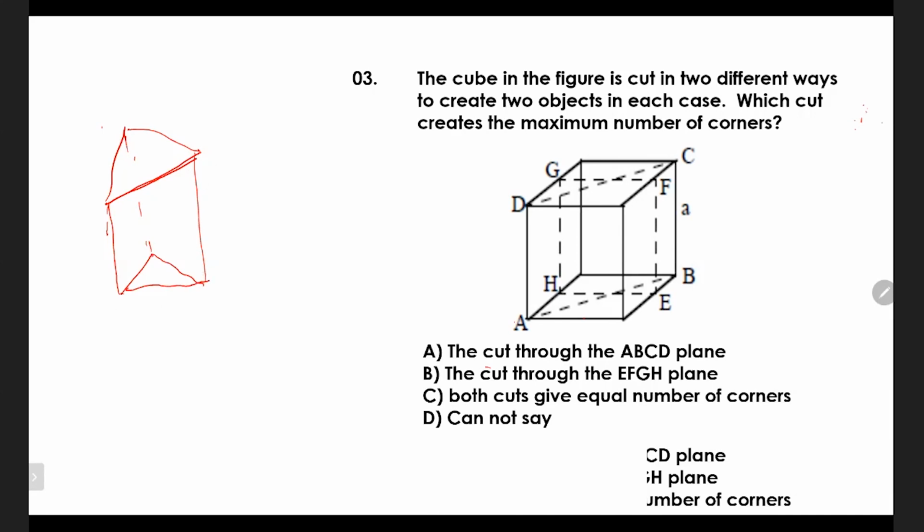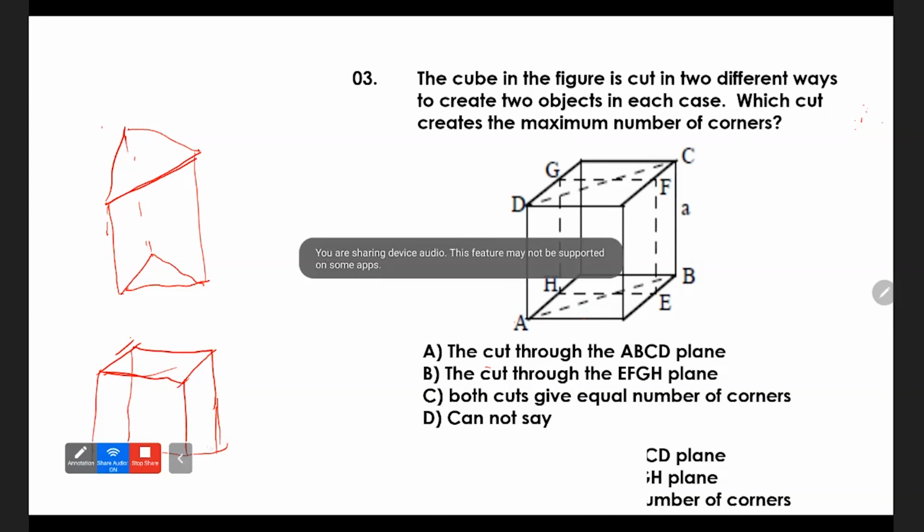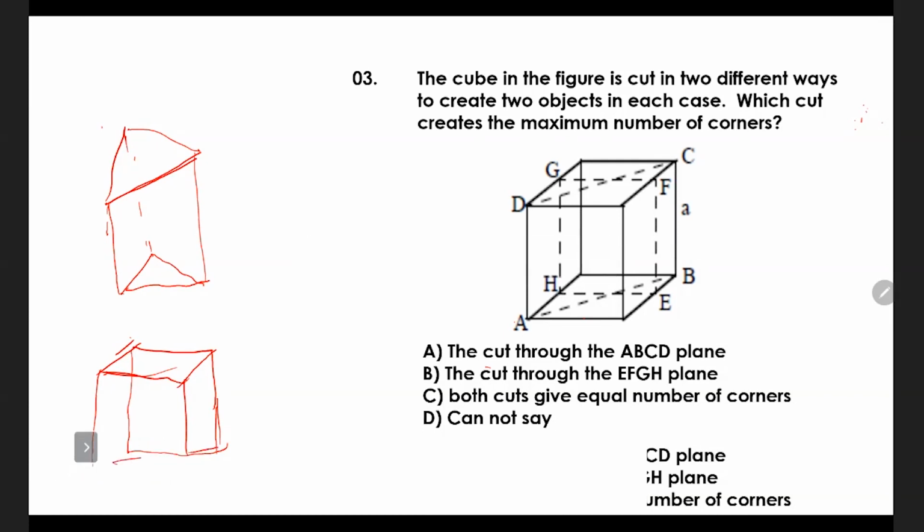Similarly, parallel to this, one more prism. Now the other one is two cuboids like this. So this is how we get it: two prisms in one case, and in another case, two cuboids.